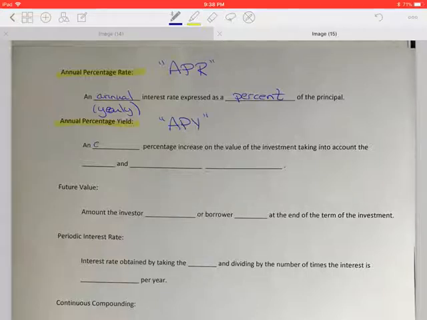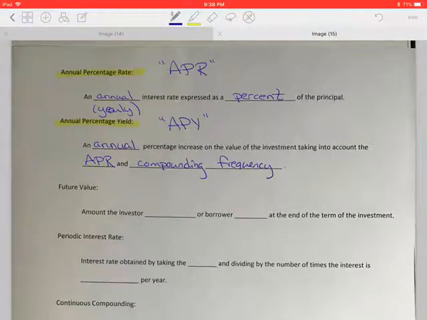This is also going to be an annual percent increase of the value of the investment, taking into account the APR and the compounding frequency.